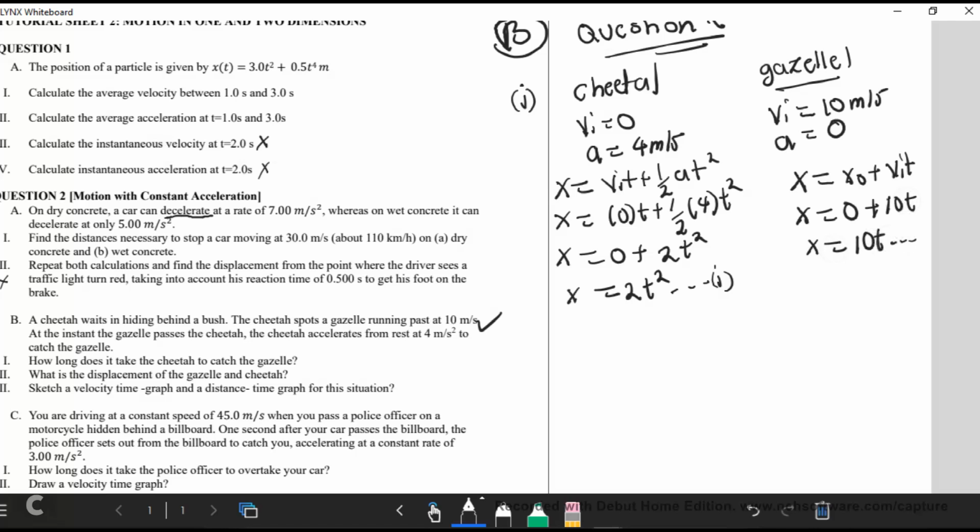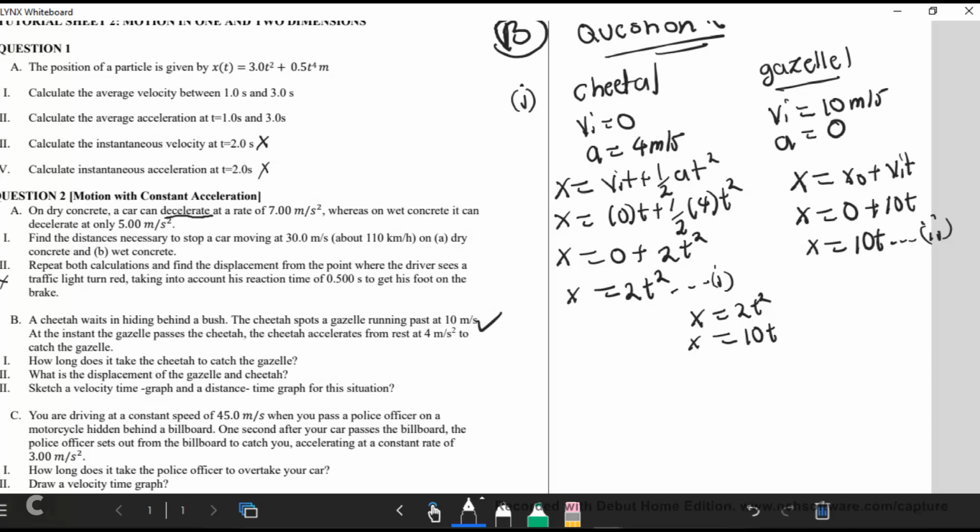So this is your equation 2. We have the equation for the cheetah and also the equation for the gazelle. In this situation, you just equate these two so that you calculate the time the cheetah catches the gazelle.